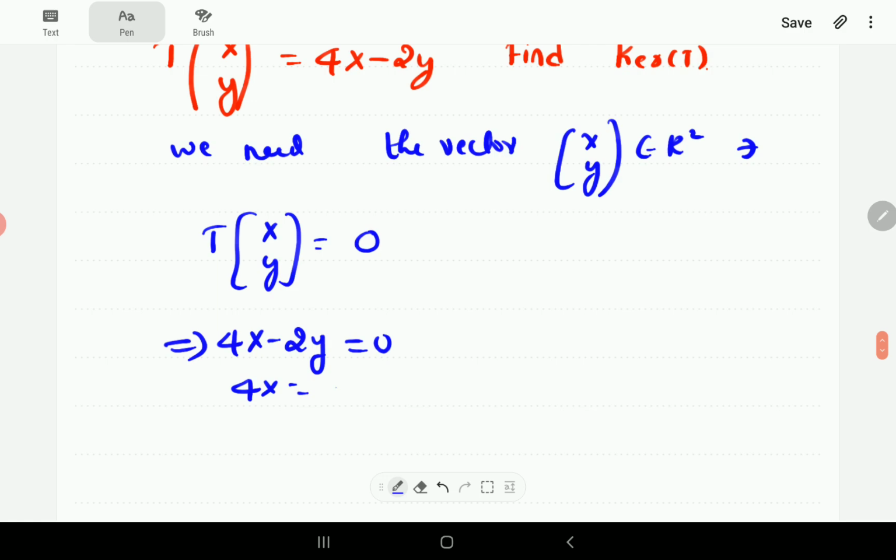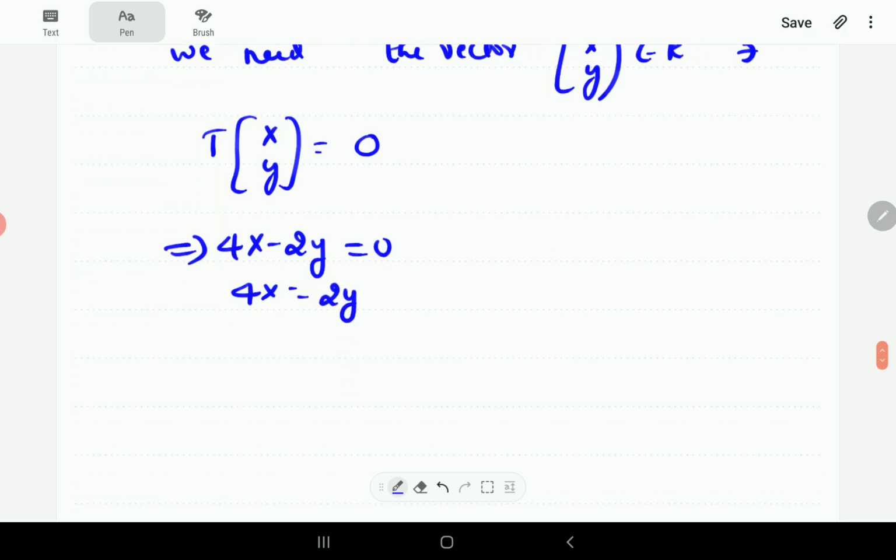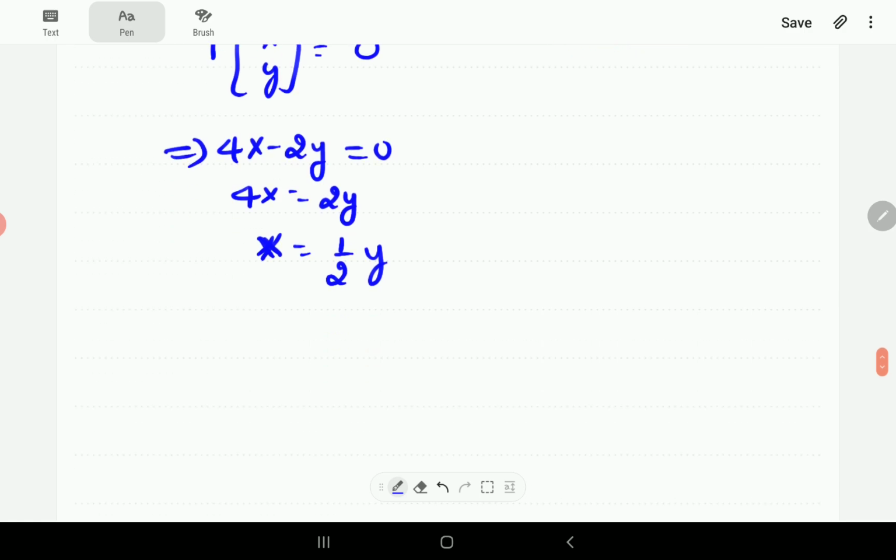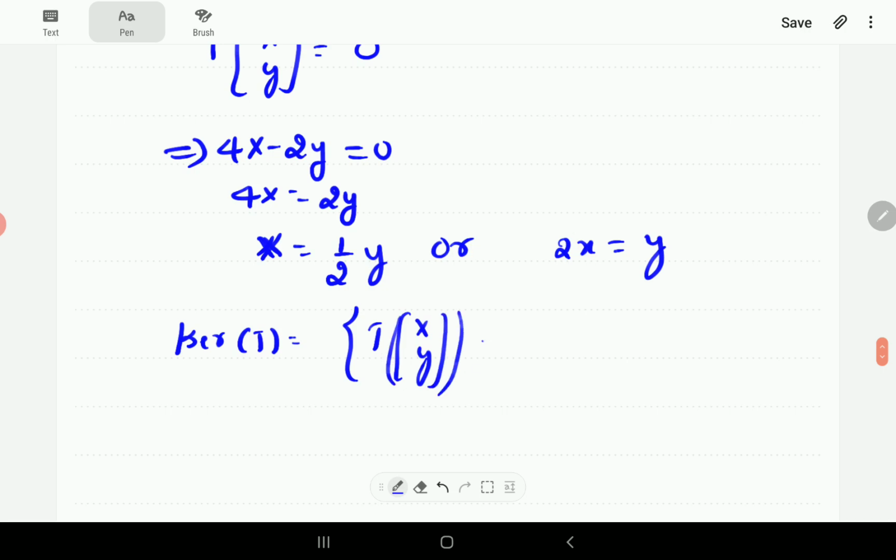So therefore 4x is equal to 2y, dividing both the sides by 4, x is equal to 1 by 2 y. So here we get 2x is equal to y, or x is equal to 1 by 2y, anything is fine. So now finally when you want to write the kernel of t, which is say t of x, y, this is equal to x, y, that is, what is my x, y here?